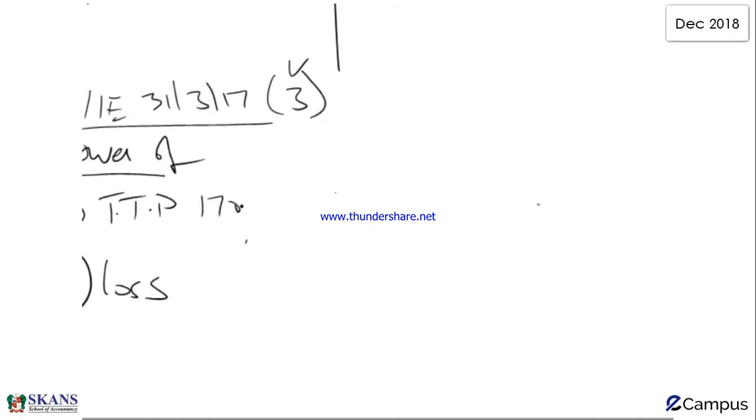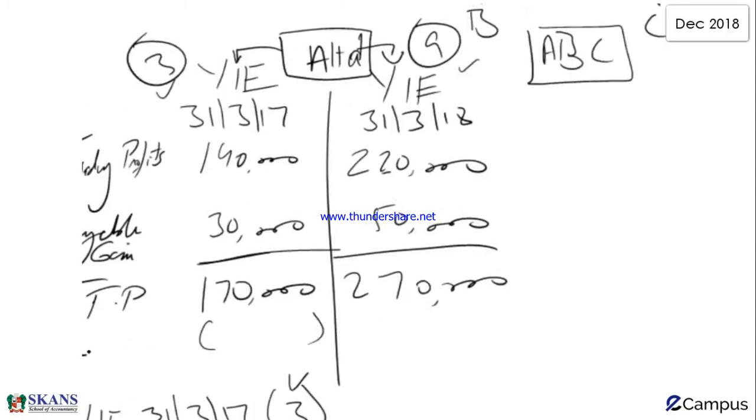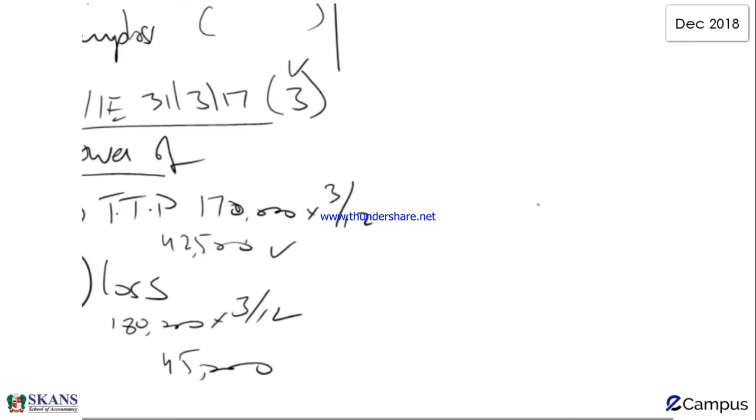As we have taxable total profits of 170,000 but that was for 12 months, we just need 3 by 12, so that will be 42,500. On the other hand, the loss was 180,000, and we have to count 3 by 12, which will be 45,000. In this case, the maximum loss you would be able to deduct as group loss would be 42,500.